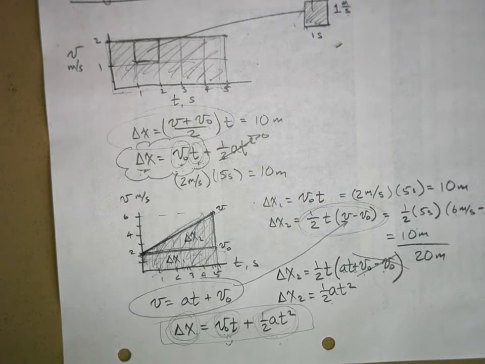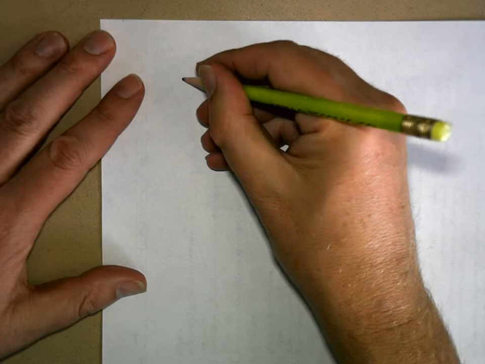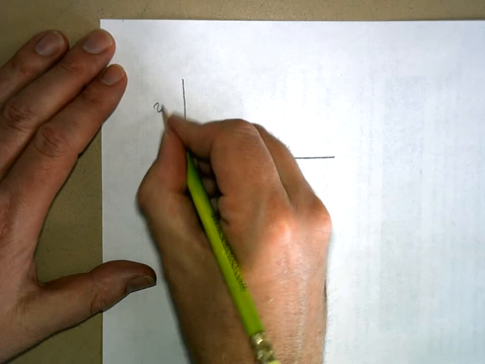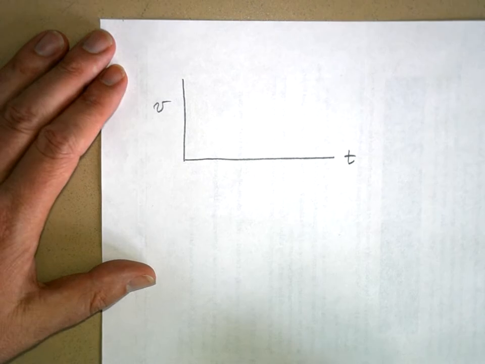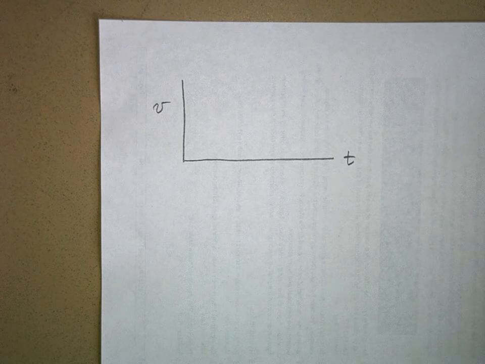But sometimes you're going to get stuff that looks like this. Suppose I've got a velocity versus time graph that doesn't have constant acceleration, where the acceleration varies with time.